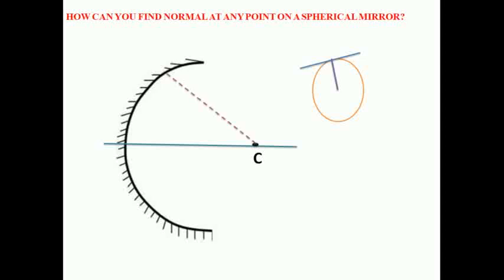This line which is drawn from center of curvature to a point on the mirror represents the normal at that particular point. Now let us try to draw one more. This one also. The line which is drawn from center of curvature to any point on the mirror represents the normal at that particular point. This is the way you find normal at any point on a spherical mirror.